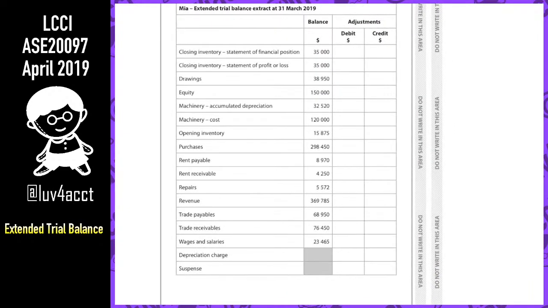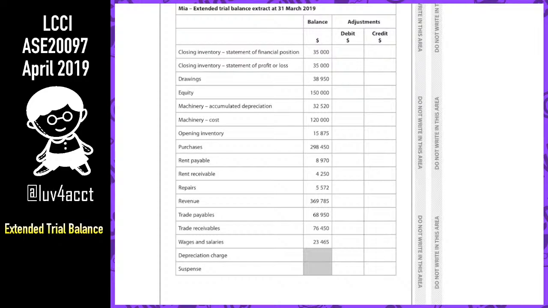So what I will do is 750, I go to revenue, 750 minus, because revenue is a credit account, and I go to purchases. We have to reduce the amount of purchases instead of putting it into the sales.